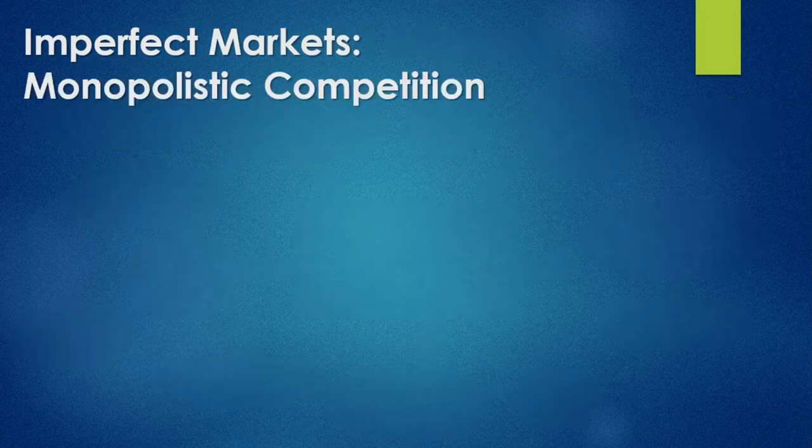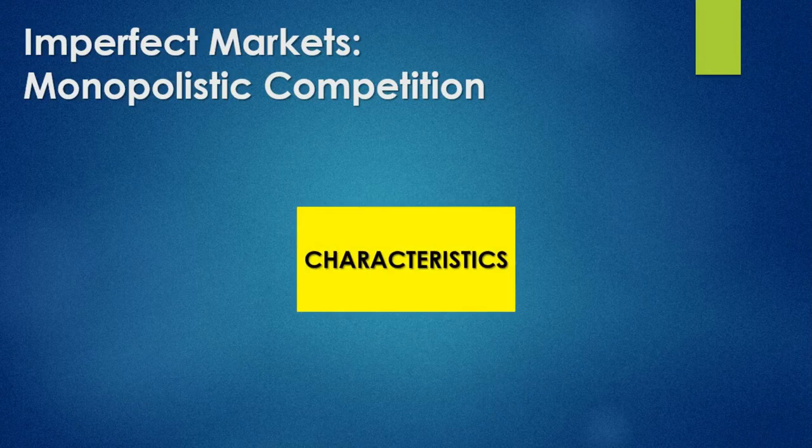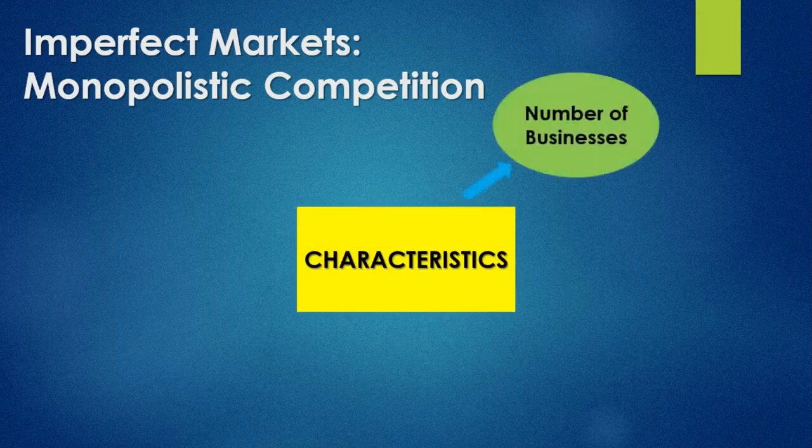We then move on to the last type of imperfect market, which is monopolistic competition. And we said it's a market structure that combines certain features of both monopoly as well as perfect competition. So what makes up this market? Well, we look at the number of businesses. There are many businesses, many sellers, many buyers.